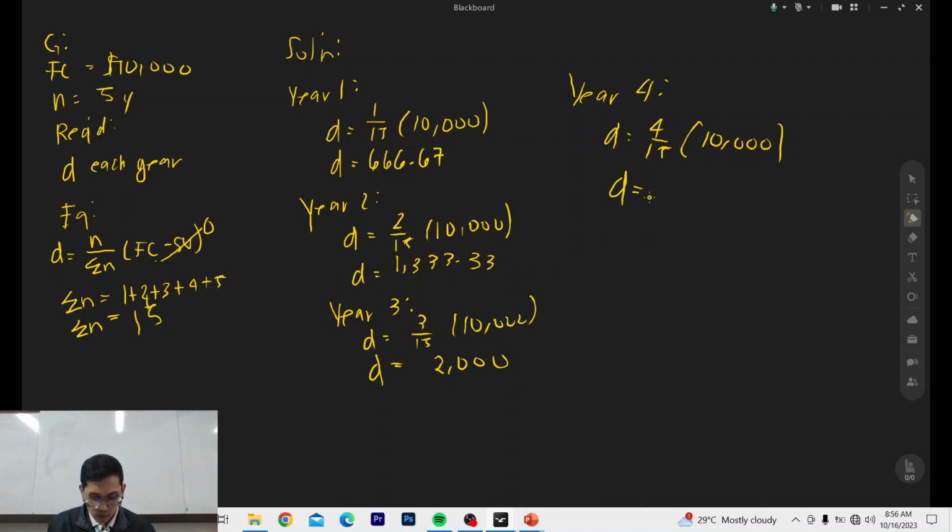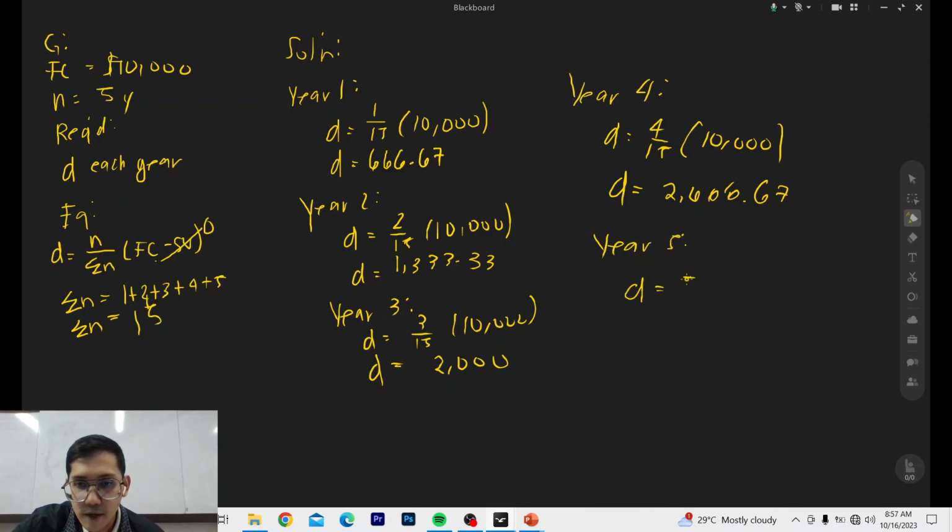So, D is equal to 2,666.67. So, finally, in year 5, D is equal to 5 over 15 times 10,000, or D is equal to 3,333.33. So, lahat yan. Pag pinasolve ko yung SYD, isosolve nyo siya lahat.